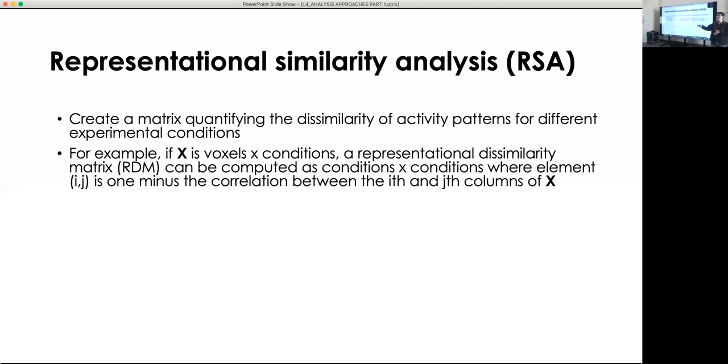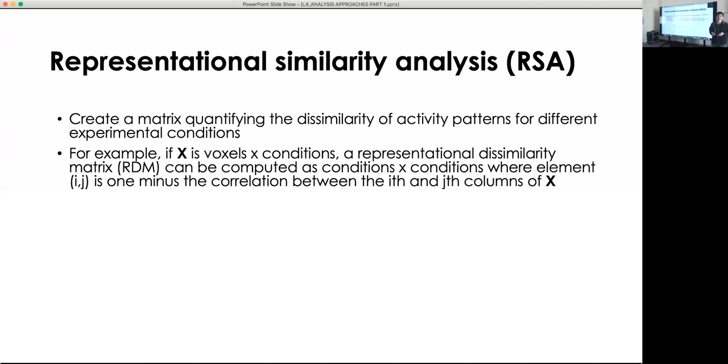In FLOC, there's baby faces and adult faces. Let's just imagine the response is identical, up to noise. So the correlation between the baby faces column and the adult faces column is 0.98. Then you do 1 minus 0.98, you get 0.02. So it's very small. This is a dissimilarity measure, so it's very low dissimilarity.